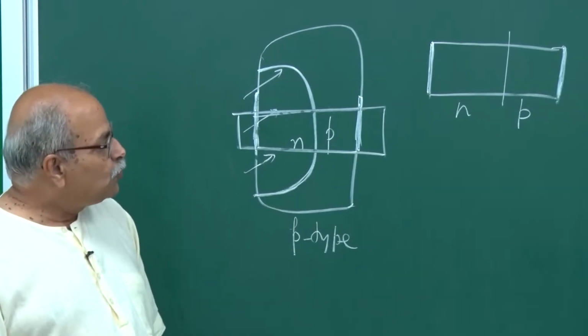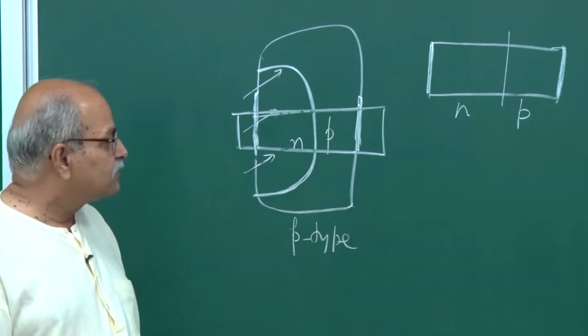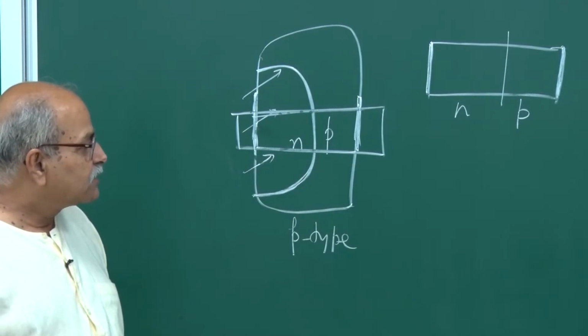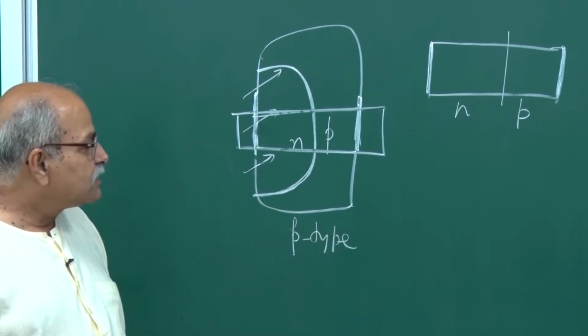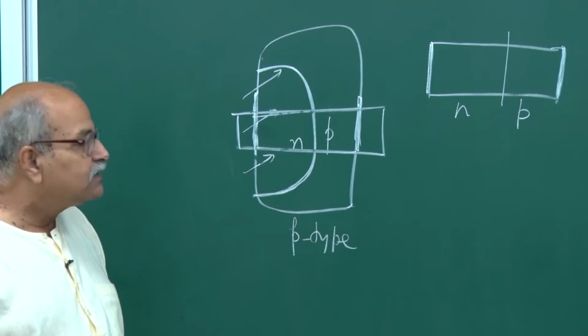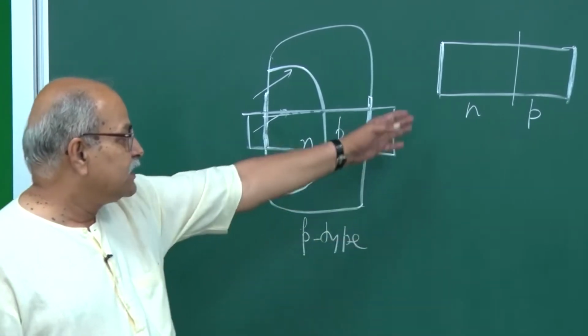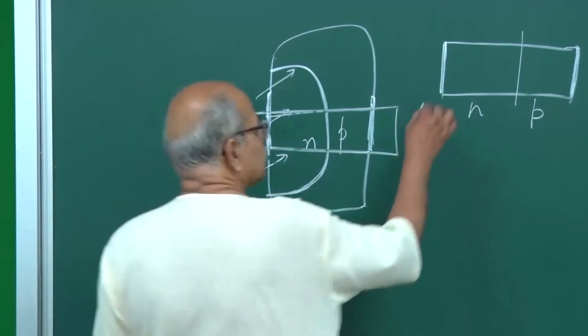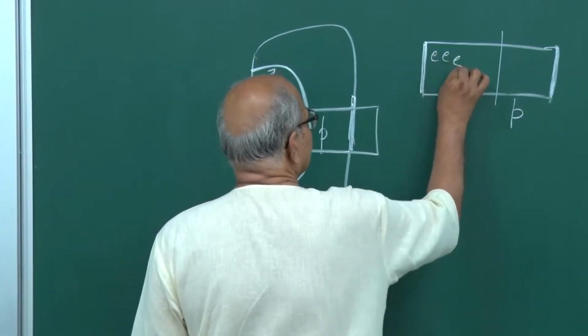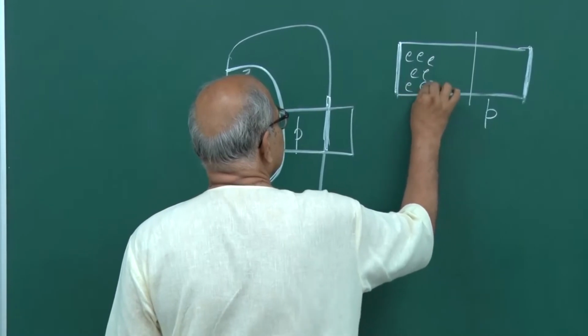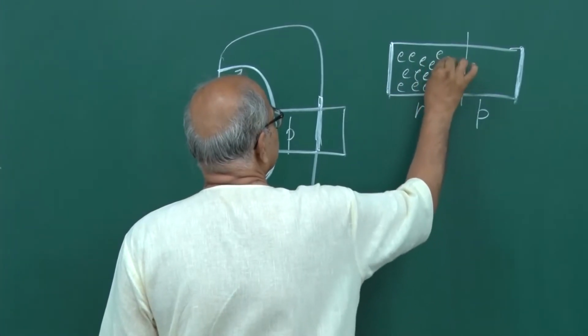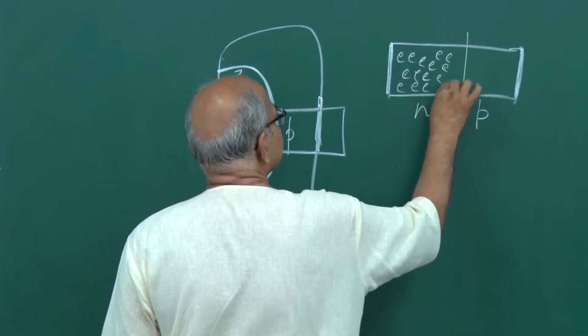Now, if you do create this kind of a p-n junction, it is an absolutely unstable situation, because this is n-type. What does it mean? It has a huge number of electrons, large number of conduction electrons, because of those pentavalent impurities.